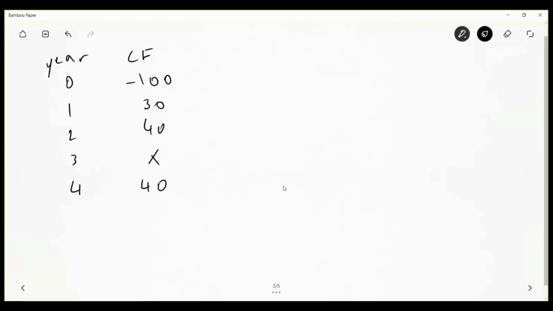This time we need to find X if the NPV is equal to $25. Now, the NPV that I have, the $25, this is the NPV with X, which is equal to the following.